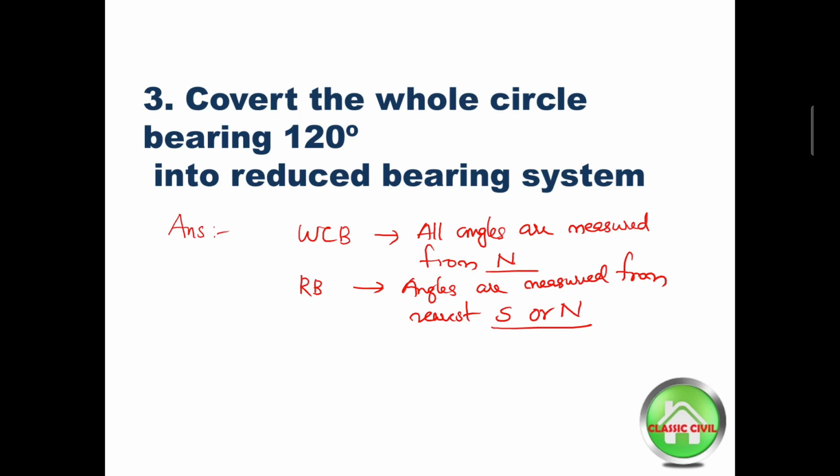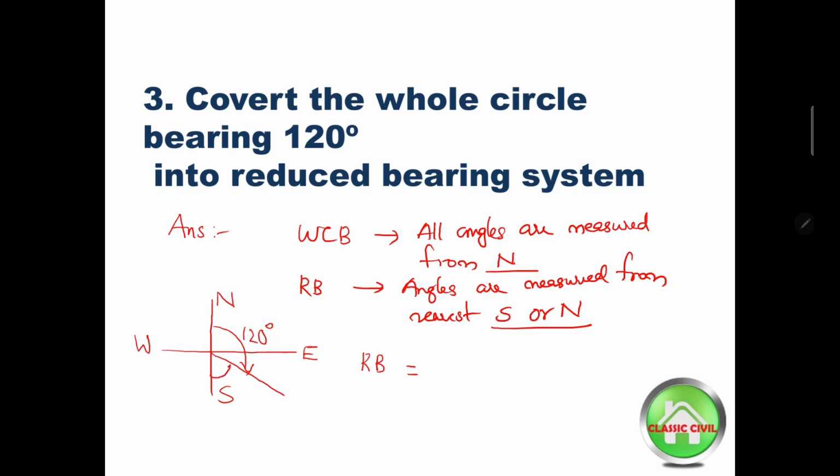Here, the angle given is 120 degree. Here are north, east, south and west. Then 120 degree denotes this much angle. We have to convert the 120 degree whole circle bearing into reduced bearing system. In reduced bearing, angles are measured from south or north.